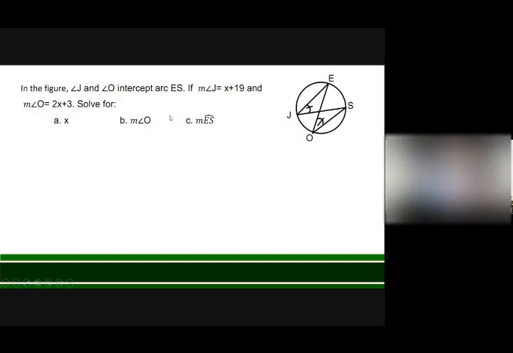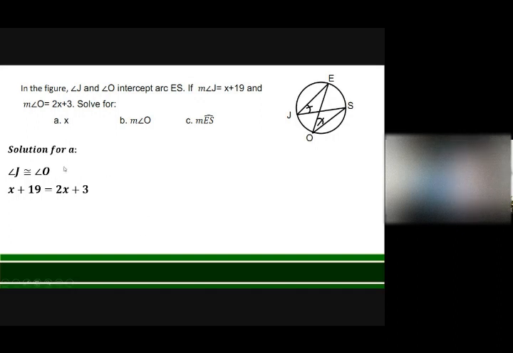Okay, so una, solve natin yung x. From the given theorem, kapag iisa lang daw yung intercepted arc na meron sila, those angles are congruent. So, ibig sabihin, for the first solution, angle J and angle O are congruent. So, kung congruent sila, ibig sabihin, yung x plus 19 ay equal sa 2x plus 3. Okay?